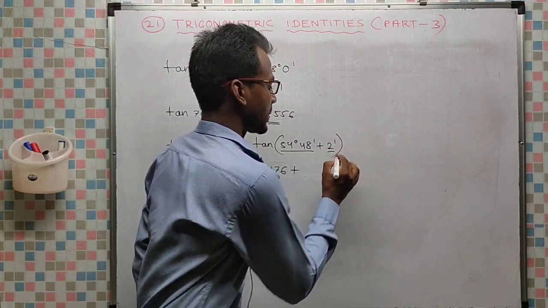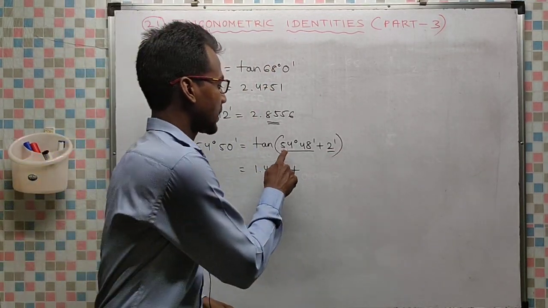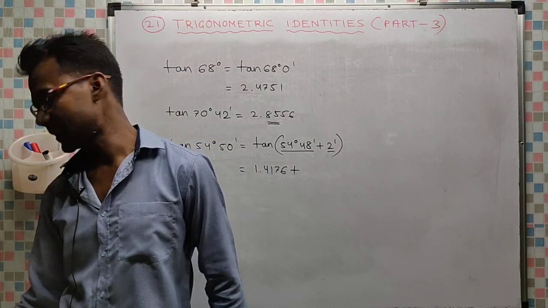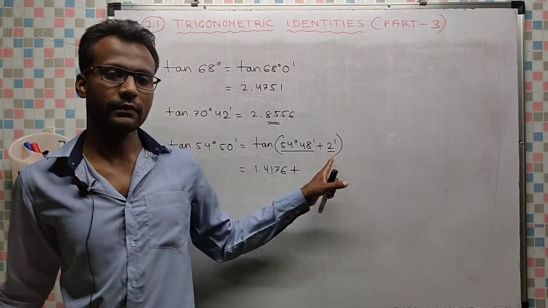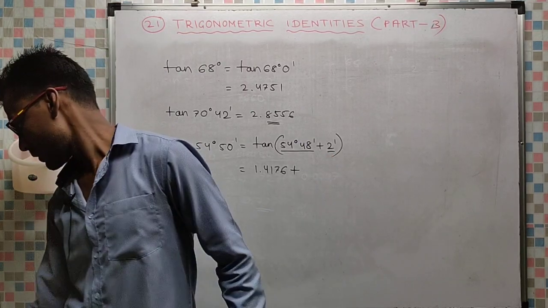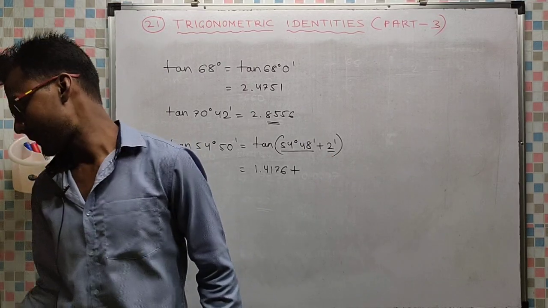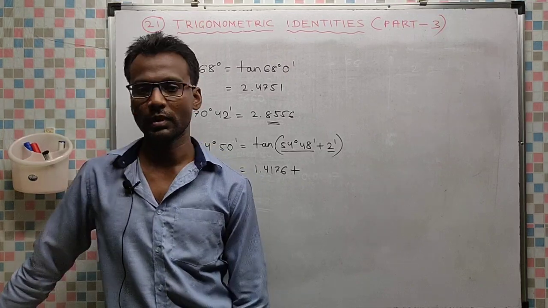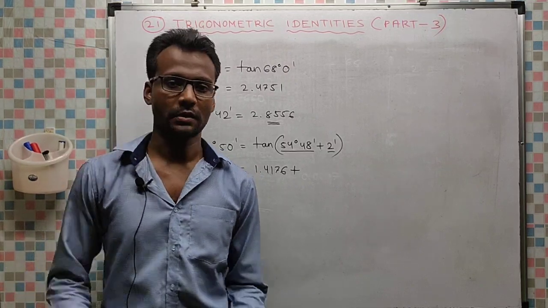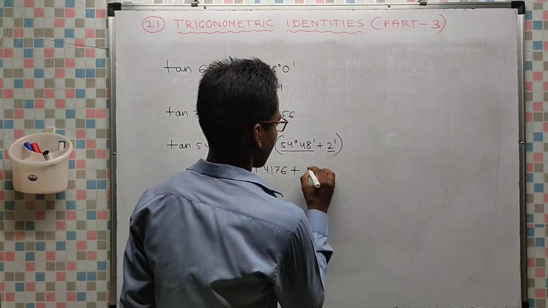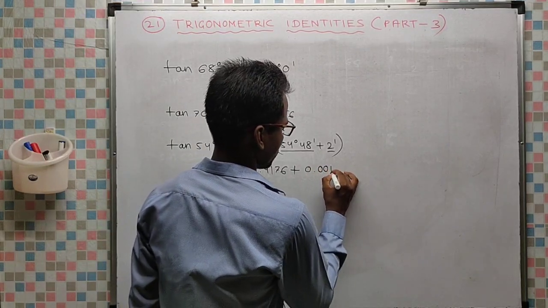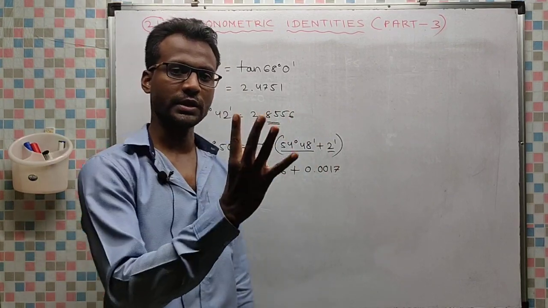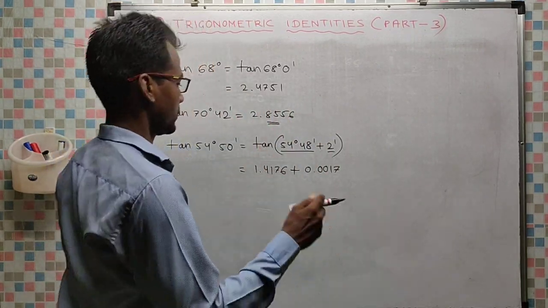Now look at the mean difference for 2 minutes for the same 54 degrees. You will get 17 in the table for 2 minutes. It is not 17, it is 0.0017, because I told you that there will always be 4 digits after the decimal place.